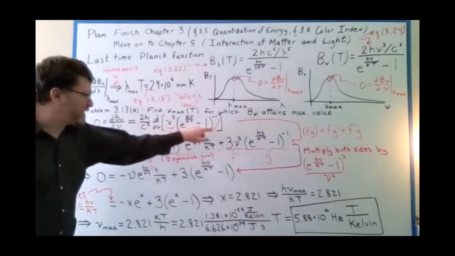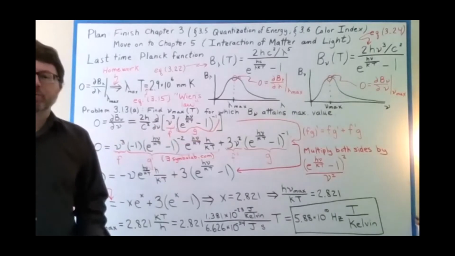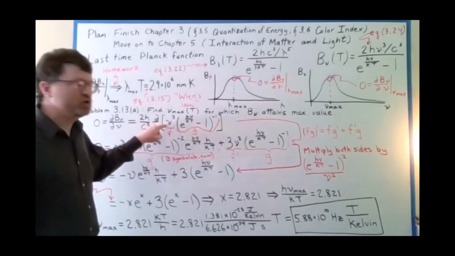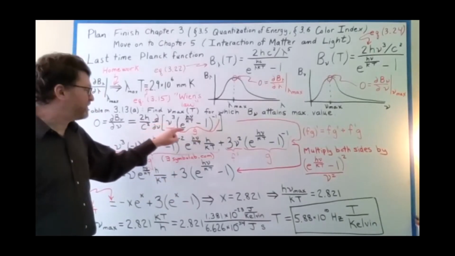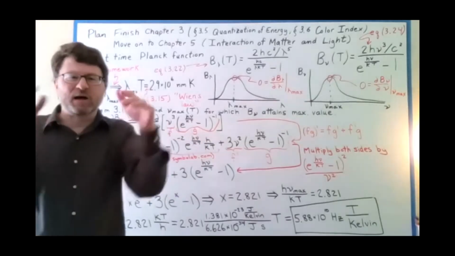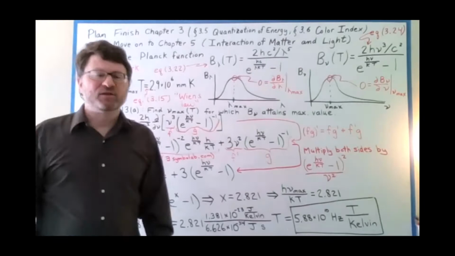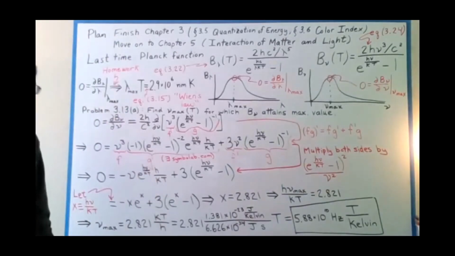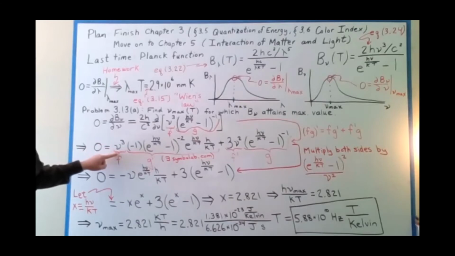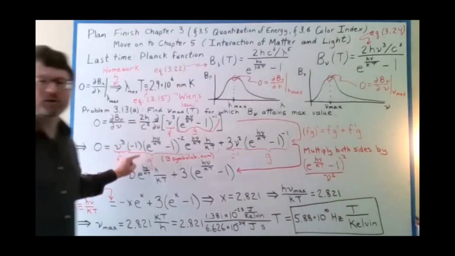I'm thinking about this as two functions that are being multiplied together. The first function f is nu cubed. The second function g is that denominator raised to the -1 power. And so, okay, let's look at the mathematics of it. There's the first function f. Then I want to multiply it by the derivative of the second function.